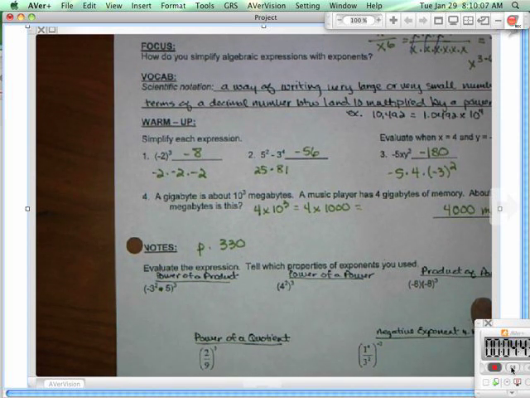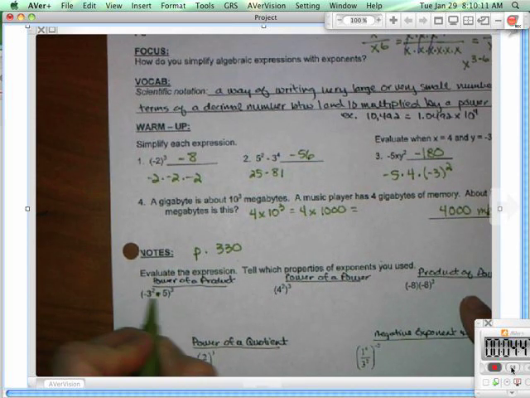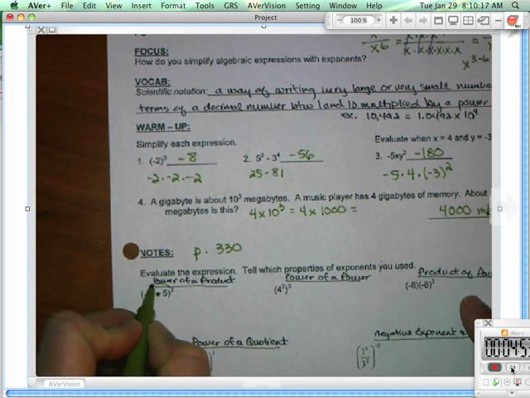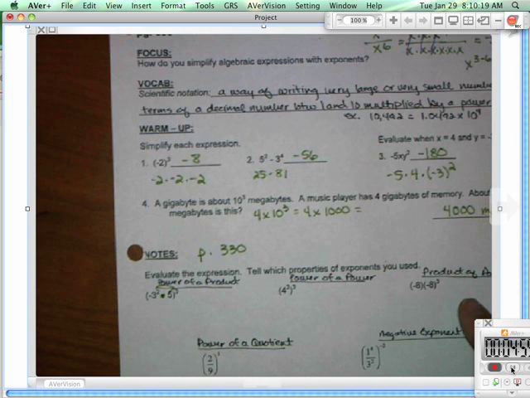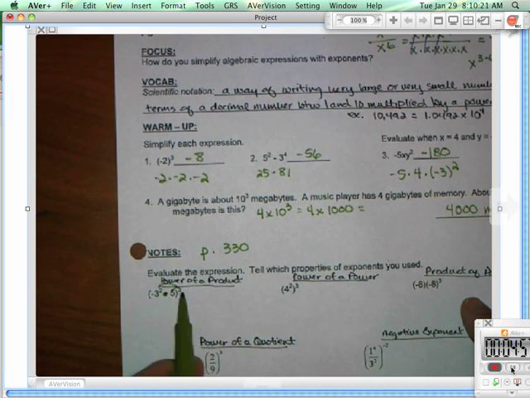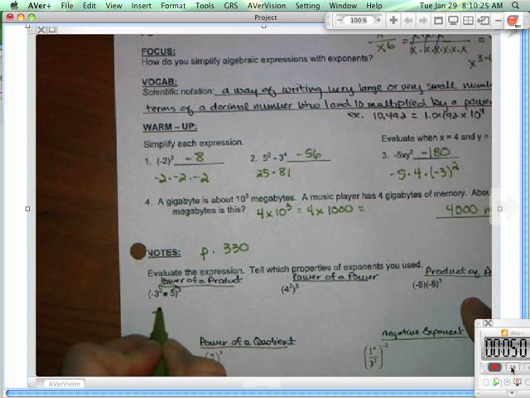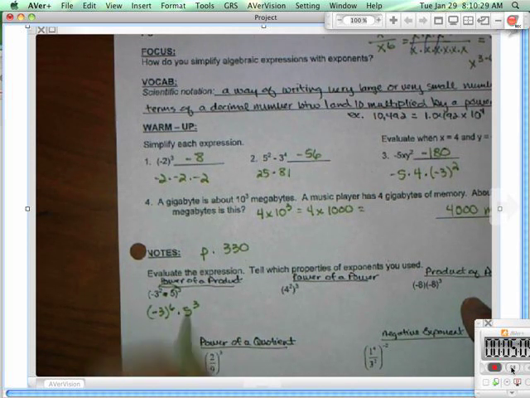So all you have to do here is you got to do what's inside first. That's one way to simplify it. Another way is to distribute that 3 on both of those. Now, when you have an exponent raised to an exponent, you multiply. So what you actually have here is negative 3 to the 6th times 5 to the 3rd.